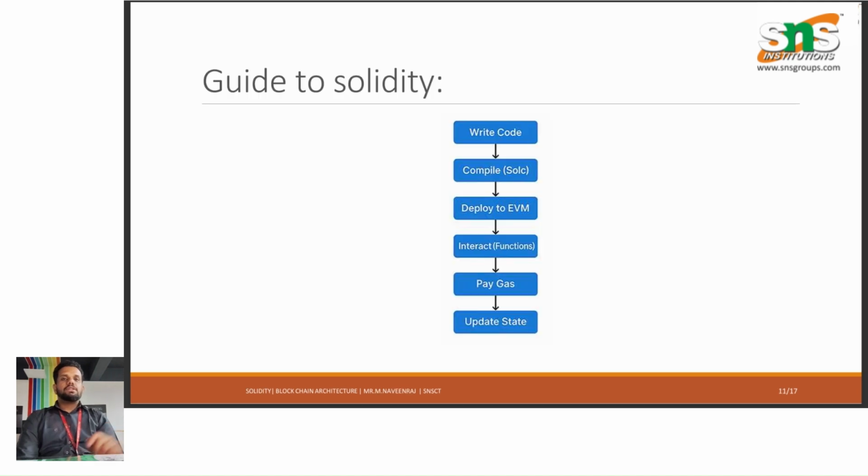Then the second one is ideate. In order to find possible solutions, the ideate phase is about brainstorming innovative ways to solve the defined problem using blockchain.